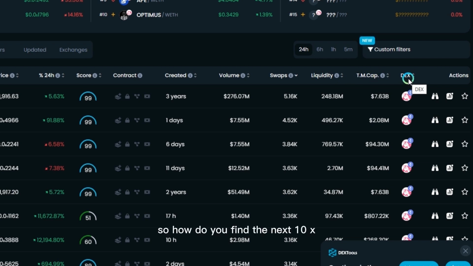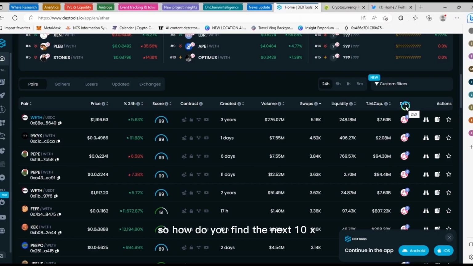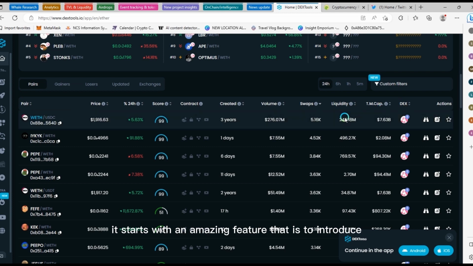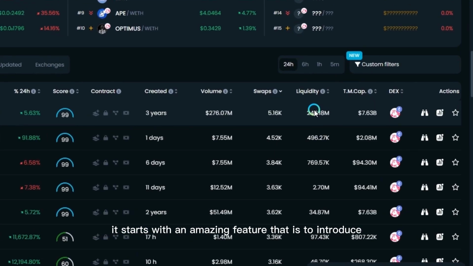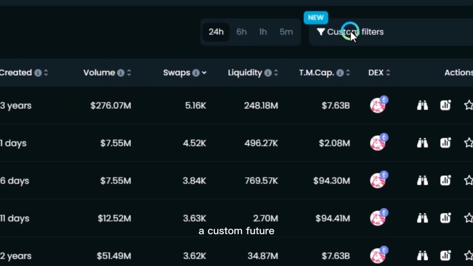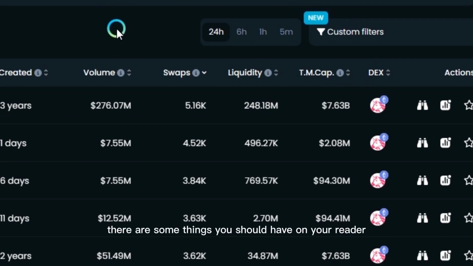So how do you find the next 10x, 50x, or even possibly 100x? It starts with an amazing feature Dextools introduced, a custom filter. If you're looking for a project, there are some things you should have on your radar. What are you looking for?